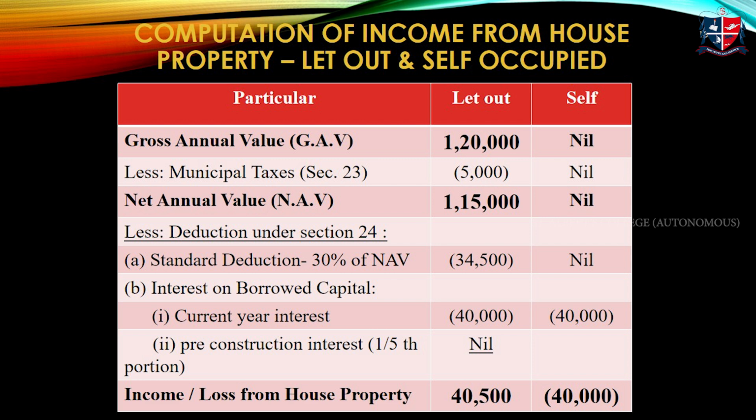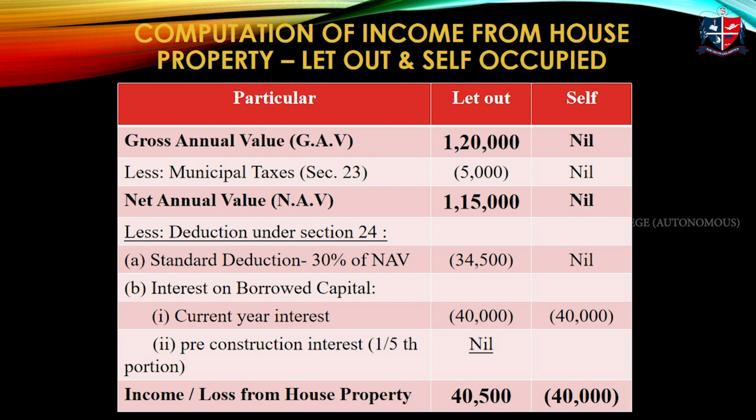Next one, we are making some deductions under section 24. First one, standard deduction. It is 30% of net annual value. So here we are taking 30% of 1,15,000 and the amount will be 34,500. We are deducting the 34,500. Next one, interest on borrowed capital. Here is only current year interest, that is 40,000.